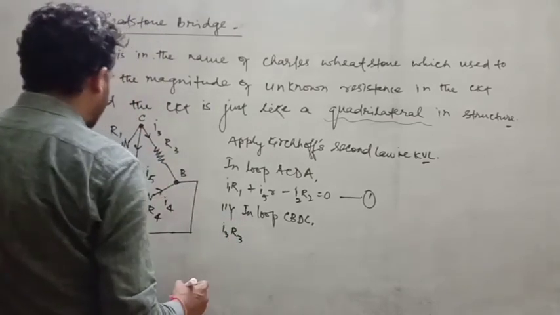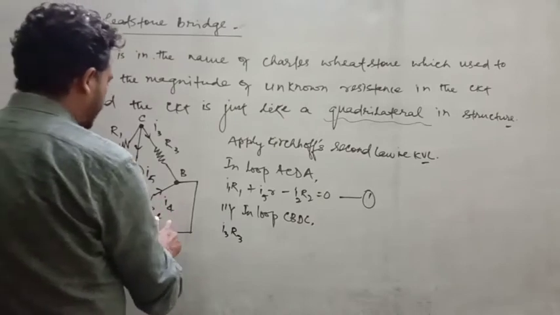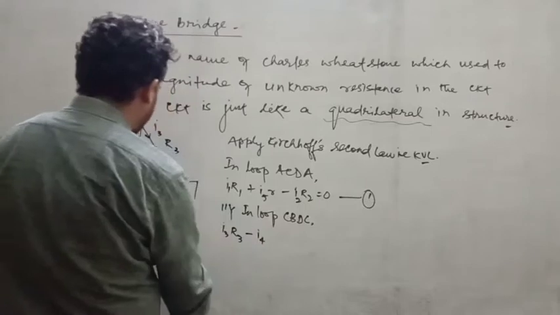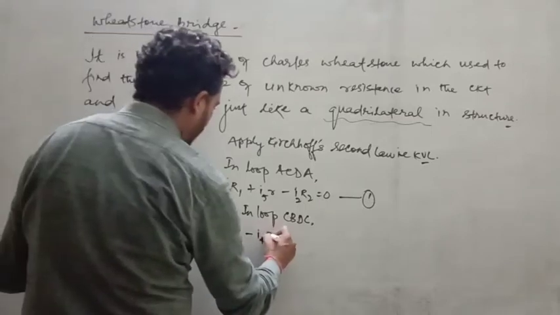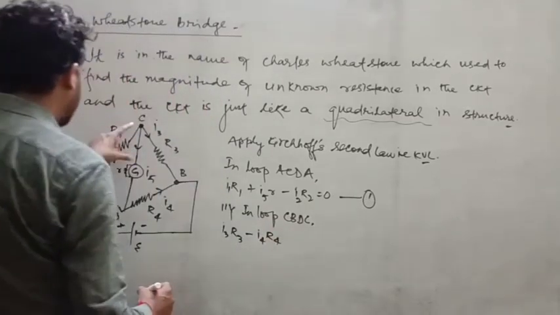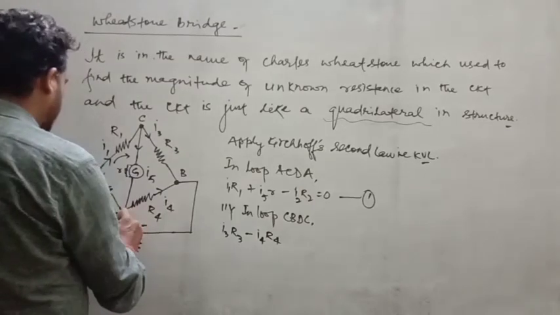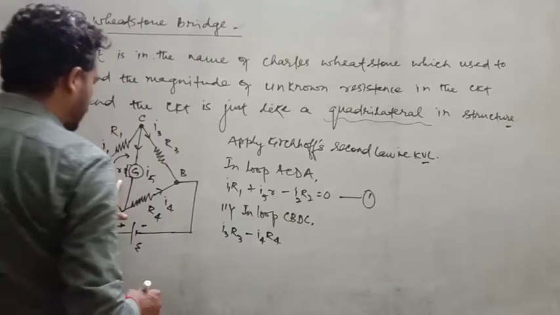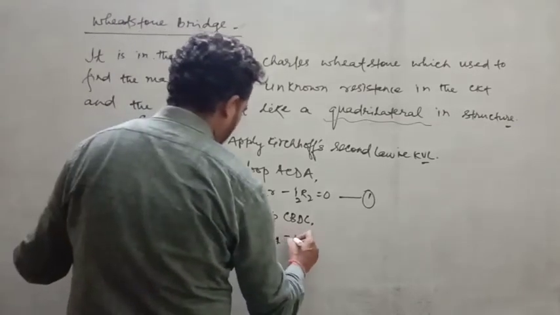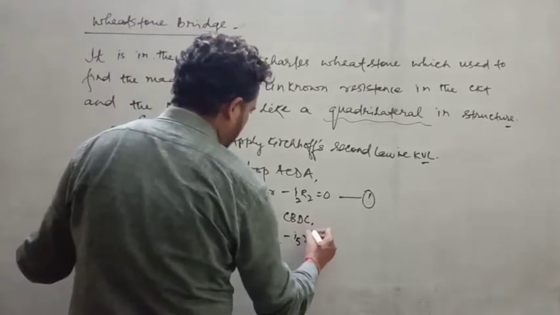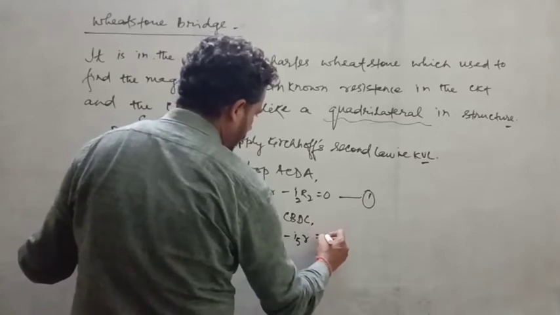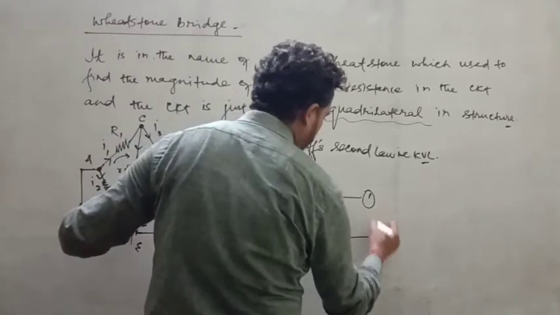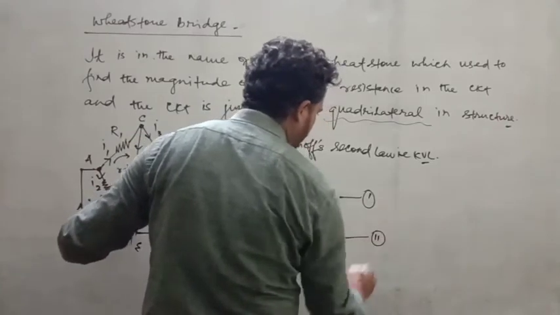From B to D, opposite to the direction of current, that would be negative, I4R4. In the section DC, you are going opposite to the direction of current, so that would also be negative, minus I5r, and that is equal to 0. So you have got another equation.